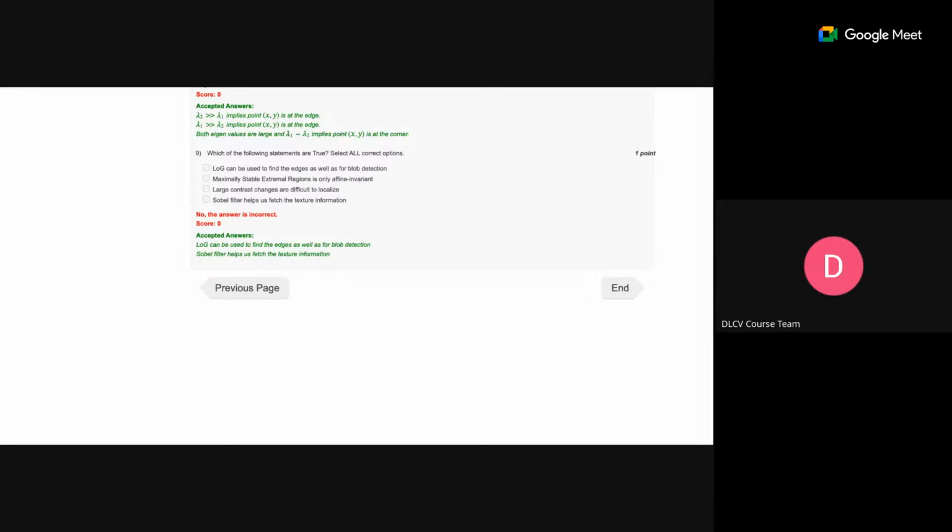Has to be blob detection. Feature detector.